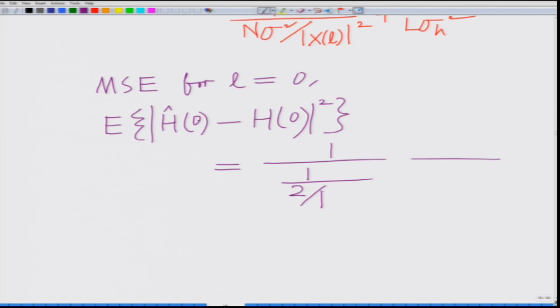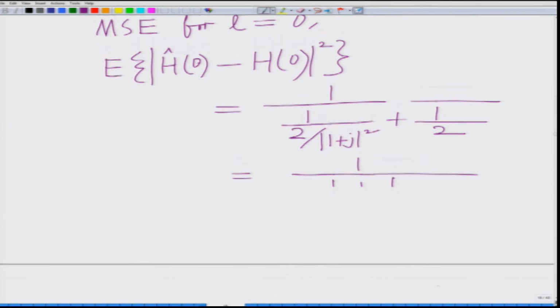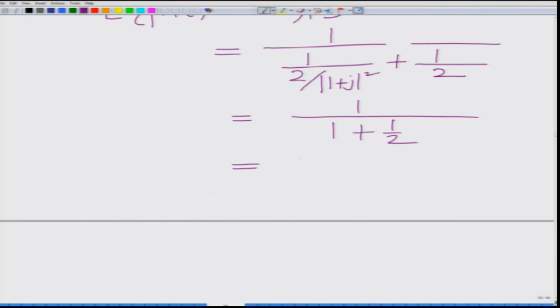Magnitude of 1 plus j whole square is 2, and sigma h square is 2. So, this is 1 divided by 2 divided by 2, that is 1 plus half, which is 3 by 2, so this is equal to 2 by 3.